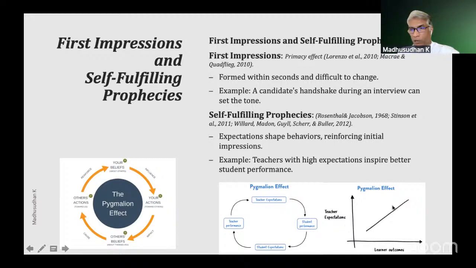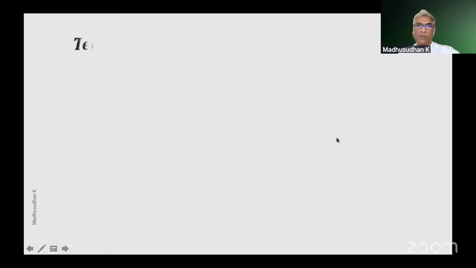Similarly, students' performance is increasing day by day because the teacher's positive approach towards the student is reinforcing that particular behavior again and again, and finally you can see a very good graph moving up. This is a simple representation of the teacher and student effect I gave you.